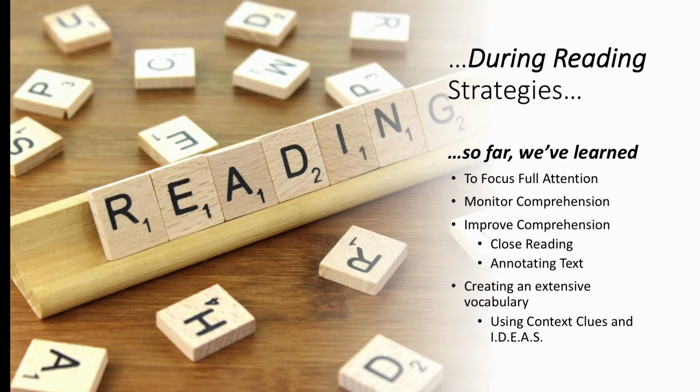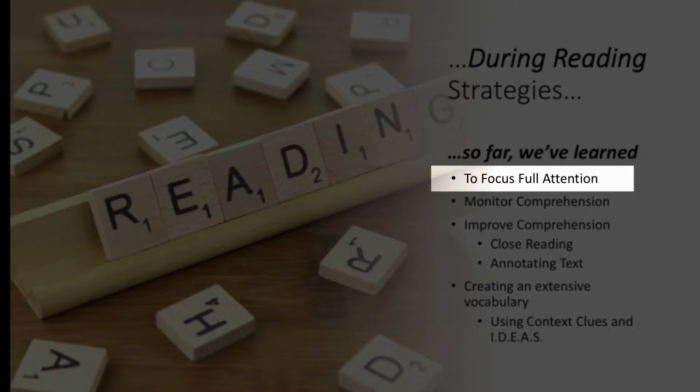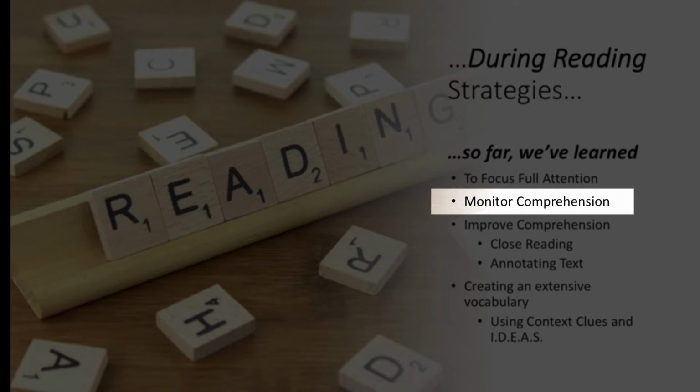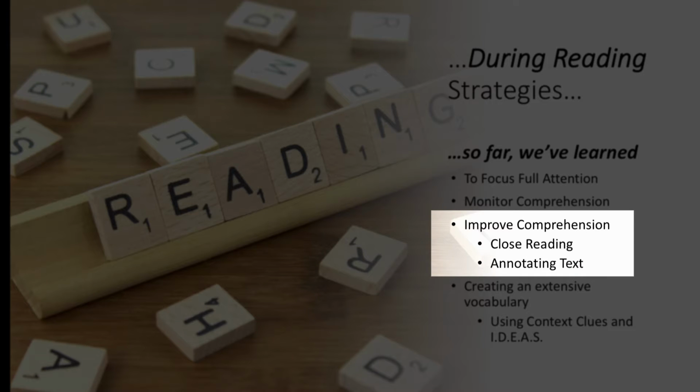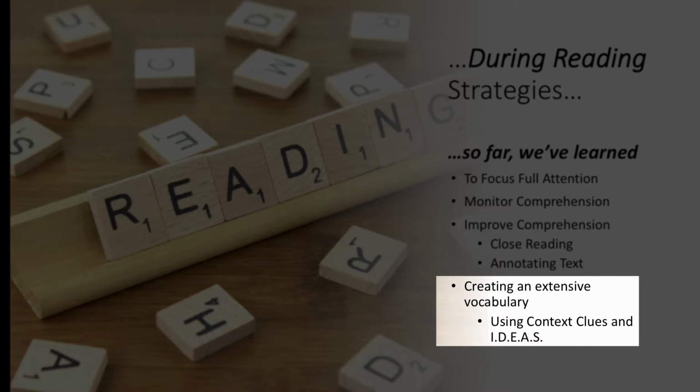We are going to add on to this list. So far, we've had our pre-reading strategies and we've had our during reading strategies. And we've learned to focus our full attention, to monitor our comprehension, to improve our comprehension through close reading and annotating text, which is something you're doing every single time you're reading an article.